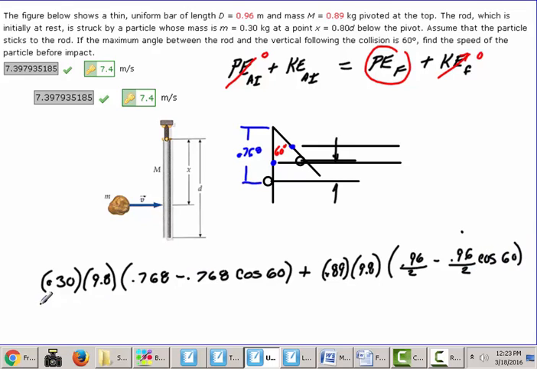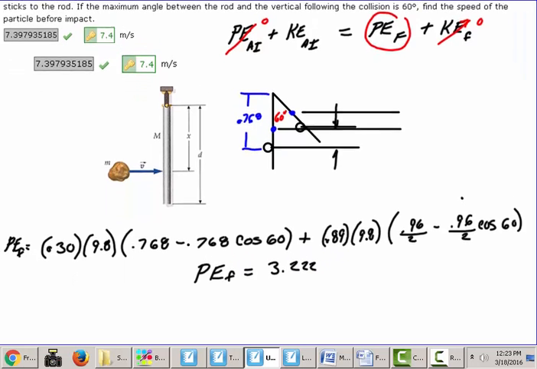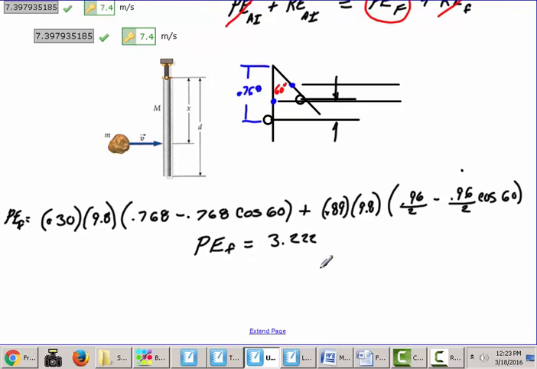Now if you run that number, you will find out what your potential energy final is. And I figured out the potential energy final is equal to 3.222. And again that would be in joules of potential energy.